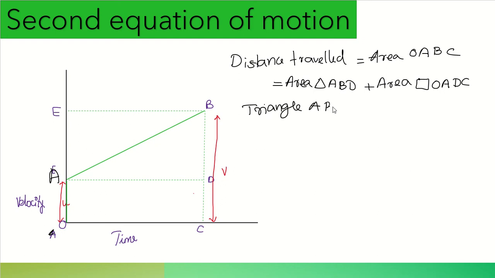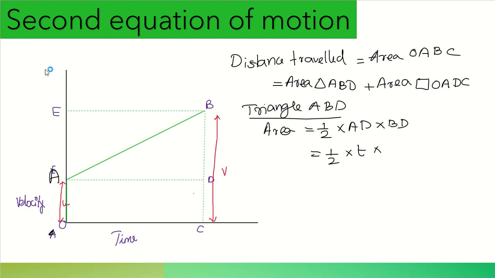A, B, D. Observe carefully, the area of the triangle is equal to half into base into height, right? So half into AD into BD. AD is time. BD, I'm just taking from the previous derivation.